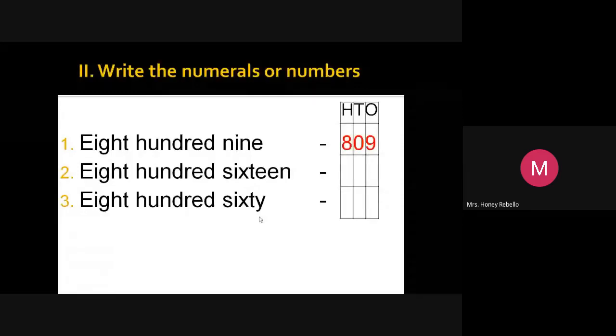Some children will be writing very fast, but write neatly. Others can join me. EIGHT. 8. See that you start with a capital letter. Capital E I G H T. 8.